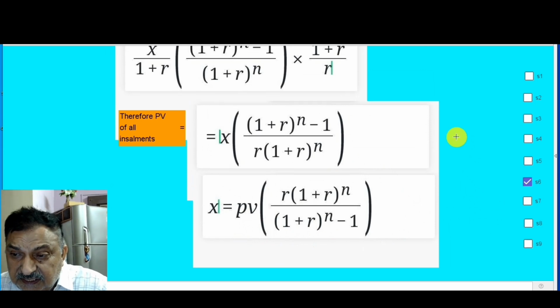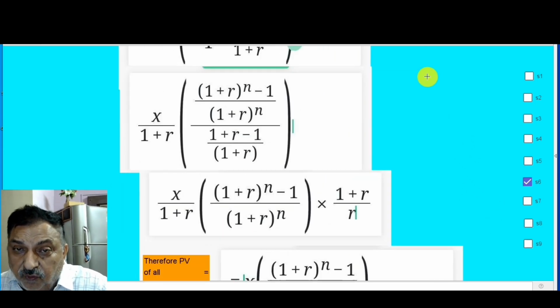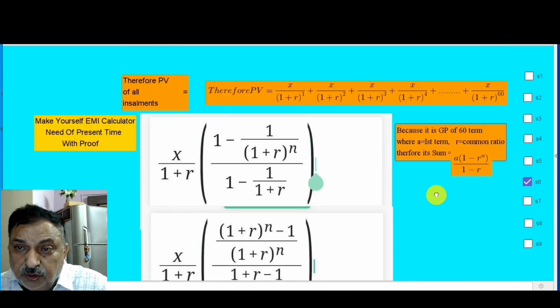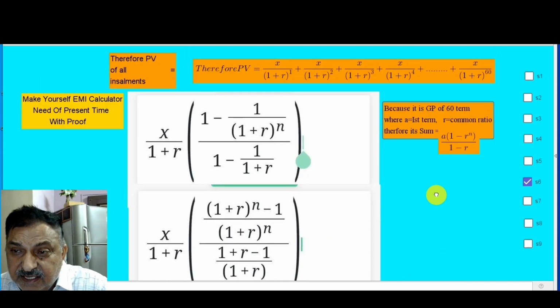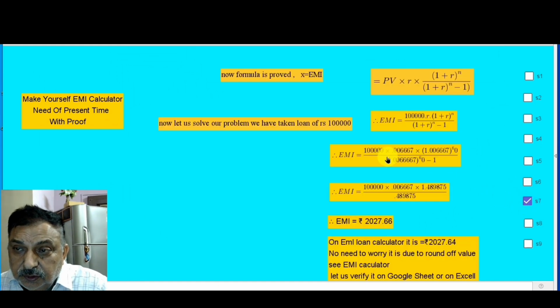This is the main point. What we wanted to prove is, what is the value of x? X means the value of EMI, which we have calculated now. X is equal to EMI, and the value of x, as we have seen, is present value into r into 1 plus r power n over 1 plus r power n minus 1.